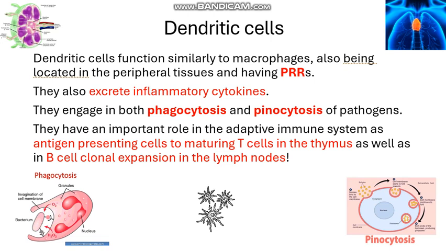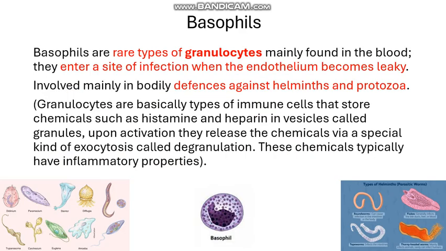So they bring antigens to maturing T cells in the thymus, which is this gland shown in orange here on the top right, where the T cells develop, as well as presenting antigens to B cells within the lymph nodes, and then initiating clonal expansion when the B cells who are able to pick up that antigen begin to divide to produce a lot of antibodies to fight that particular pathogen that the antigen came from.